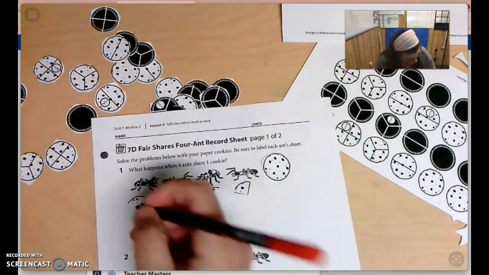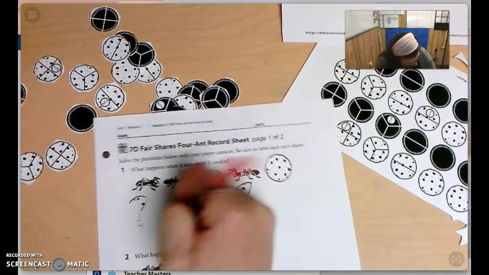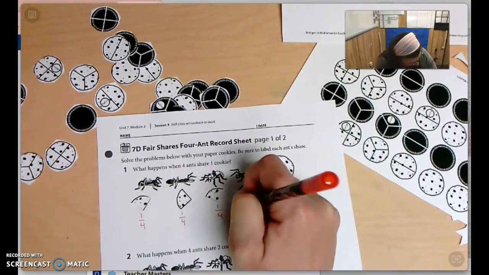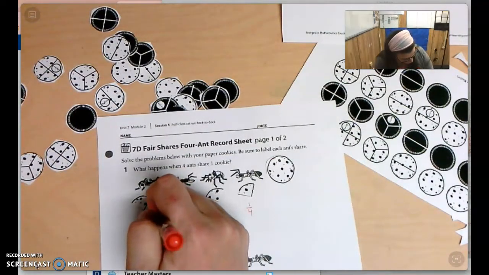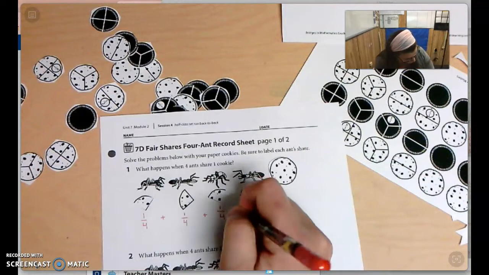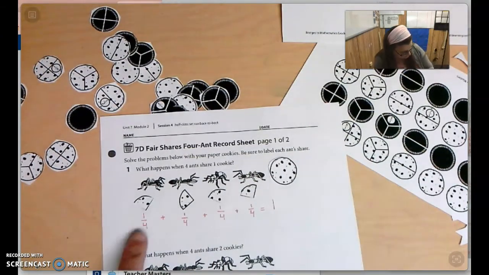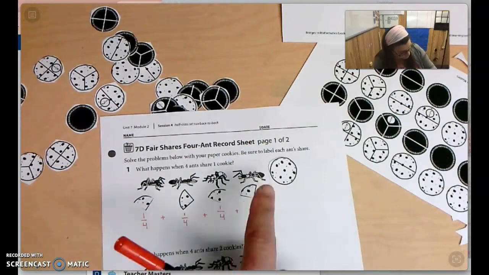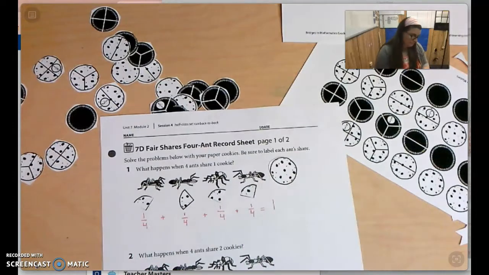So each ant's share is 1/4, 1/4, 1/4, and 1/4. And if you're feeling clever, and you want to extend your understanding of fractions, you could make this into an equation. If I have 1/4 plus 1/4 plus 1/4 plus 1/4, that gives me 1 whole cookie.